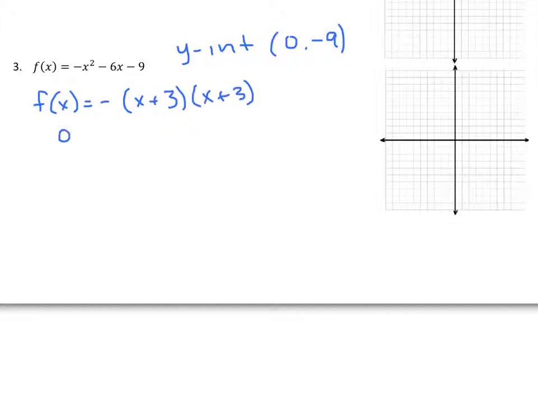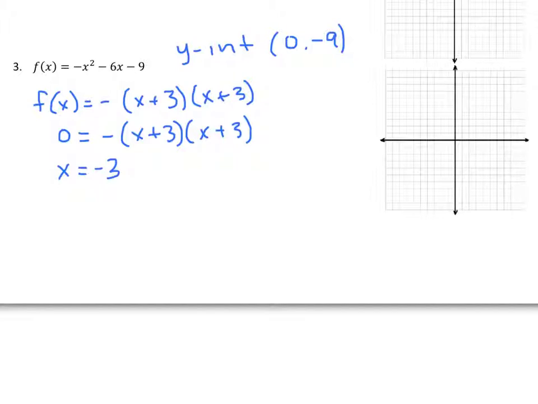If we solved this equation when it's set equal to 0, we would have x equaling negative 3 twice. So this is a type of function where it's only going to have one x-intercept. And so you can say that this x-intercept has a multiplicity of 2 because the factor's listed twice.